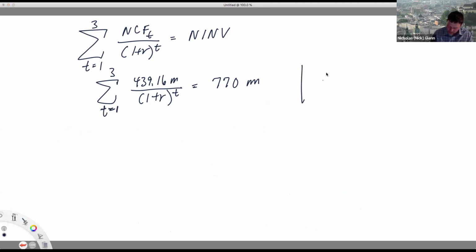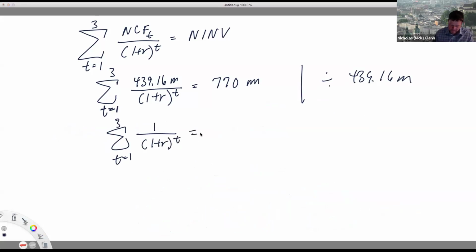All right. So basically what we're going to do, we're going to divide by 439.16 million, both sides here. And so now on this one side, we have this dollar annuity. Okay. And so you're getting $1 a year from now, 2 years from now, 3 years from now.